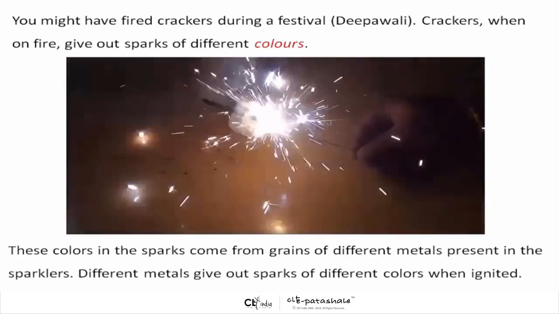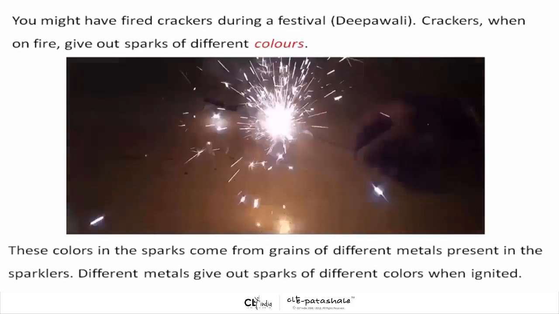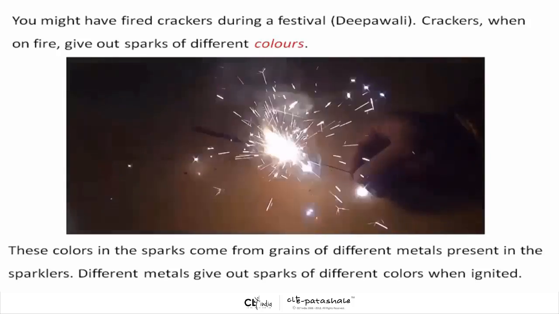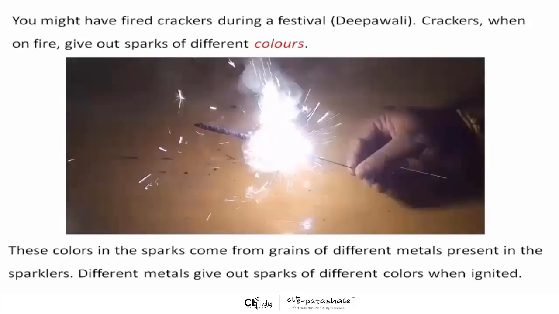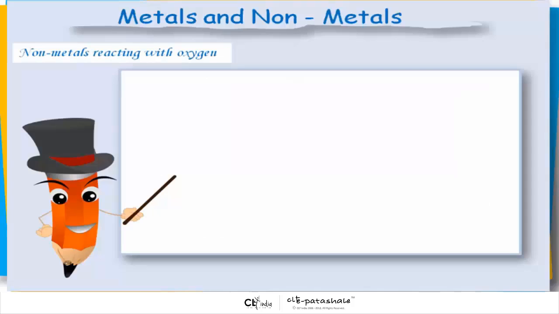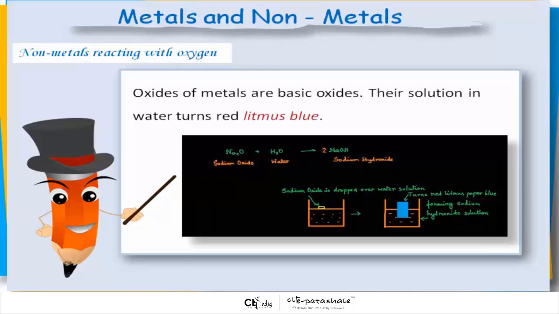These colors in the sparks come from grains of different metals present in the sparklers. Different metals give out sparks of different colors when ignited. Oxides of metals are basic oxides. Their solution in water turns red litmus paper blue.